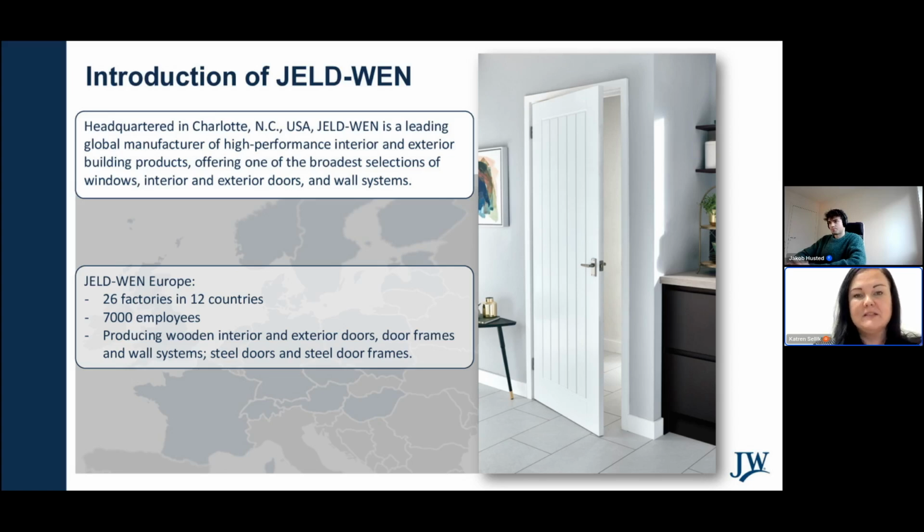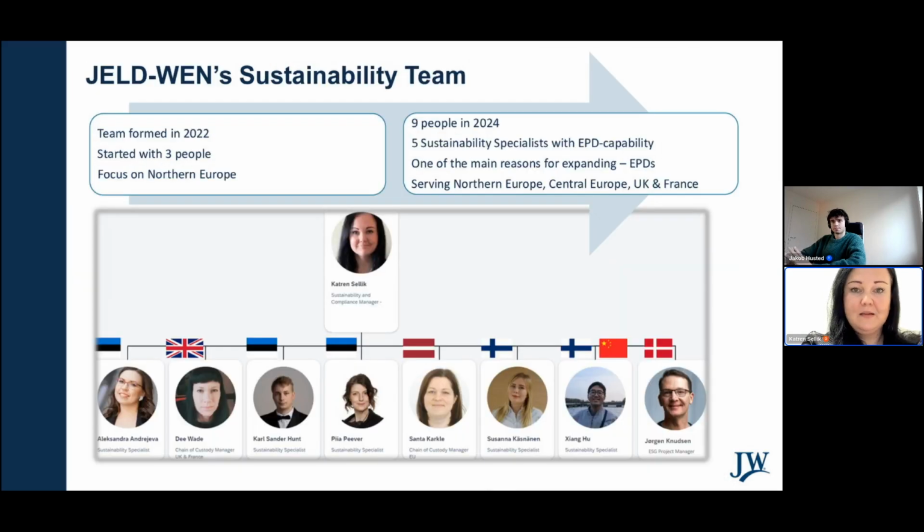If we leave the US side aside, then in Europe we currently have 26 factories in 12 countries, around 7,000 employees. In Europe, we are producing wooden doors, door frames, wall systems, and also steel doors and steel door frames. So that is shortly who we are.